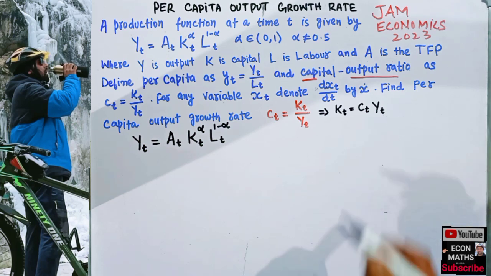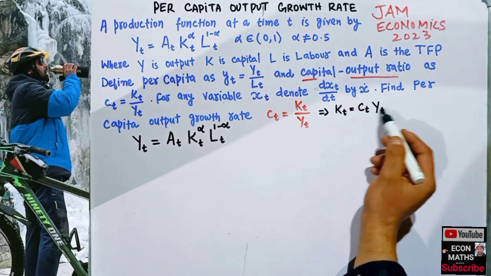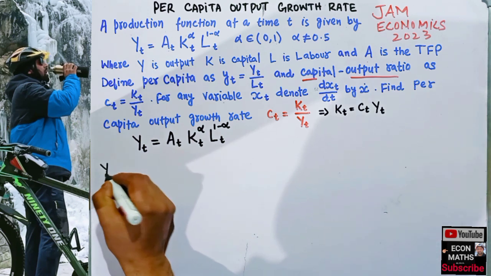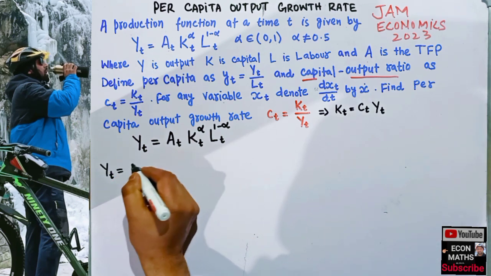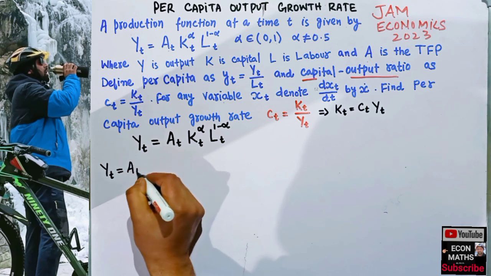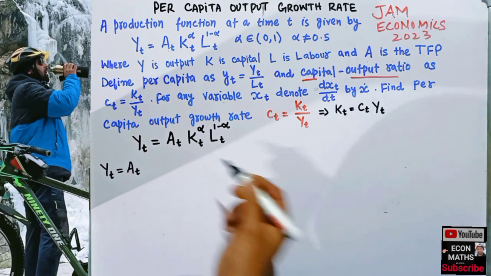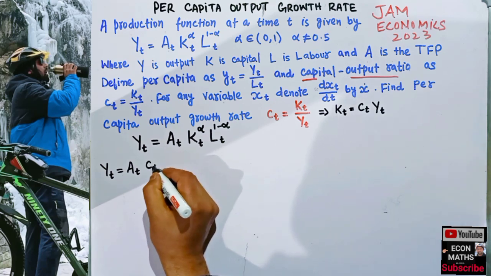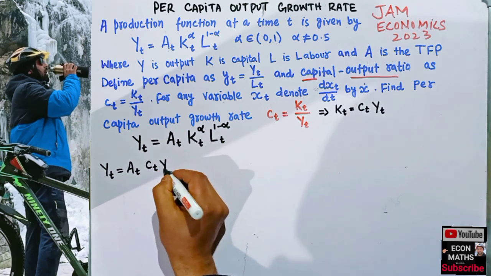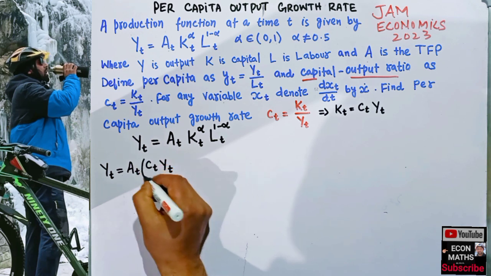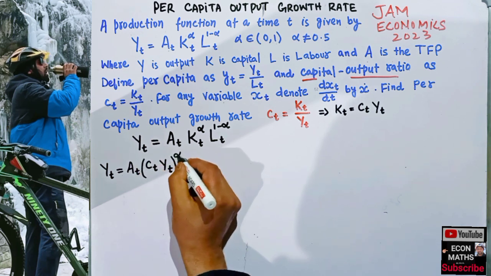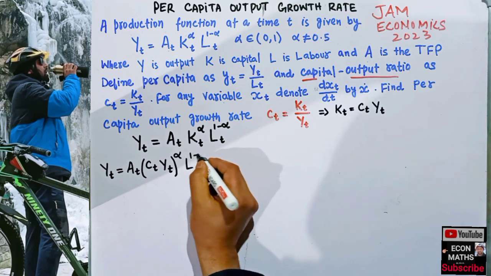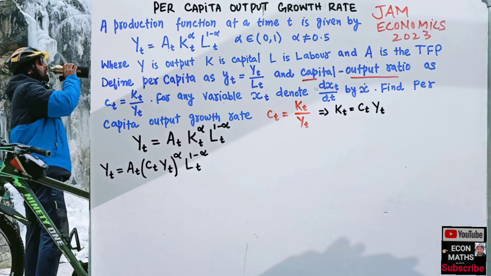What will we do? We simply plug K_t = C_t Y_t into our production function. That means Y_t will be equal to A_t, and in place of K_t I will write C_t Y_t. So we have (C_t Y_t) raised to power alpha, then we have L_t raised to power 1 minus alpha.